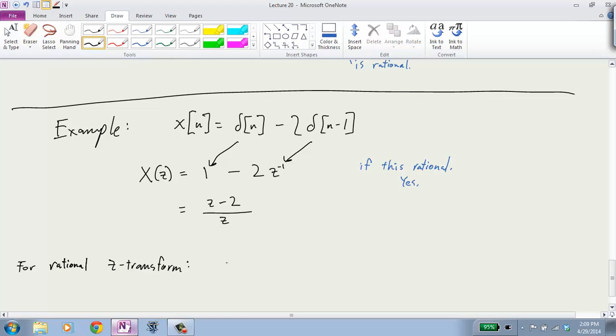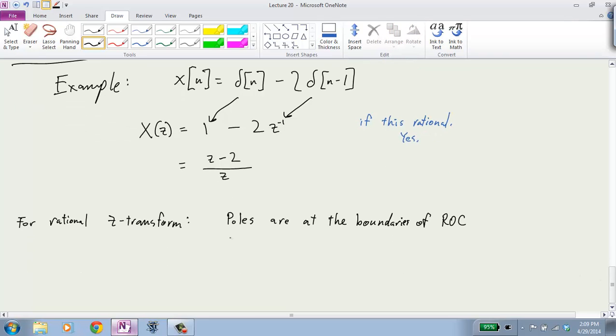The poles are at the boundaries of the region of convergence, and the boundaries are circles, as we already said.